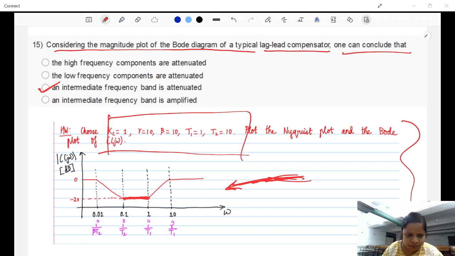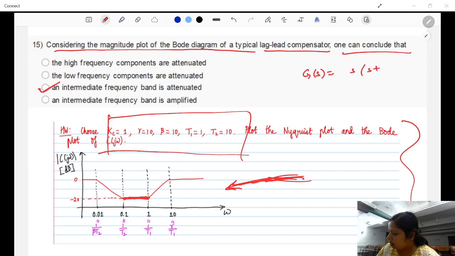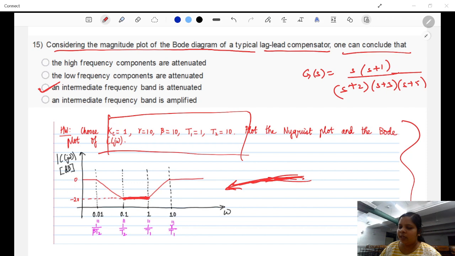You can know from the plot. If you draw the Bode plot and you have this type of transfer function, you proceed with drawing of the Bode plot, where you find out the corner frequencies and plot accordingly. What were the basic building blocks of the Bode plot?